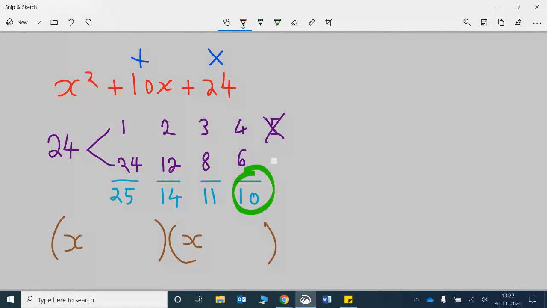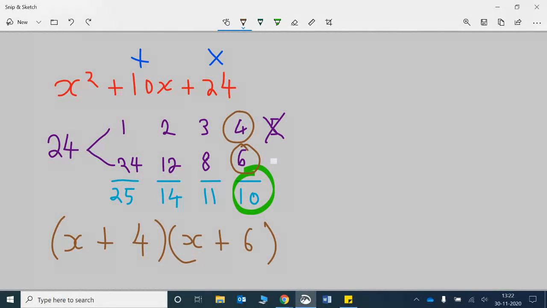And then we're going to put in these two numbers here. So the 4 and the 6 are the ones we want. So we're going to put a plus 4 in here, and we're going to put a plus 6 in here. So now we have two numbers which times together to give 24, and which add together to give 10. So the puzzle is solved, if you like.